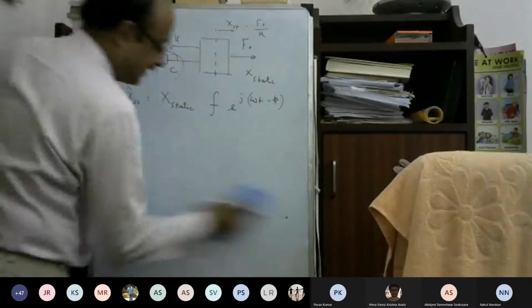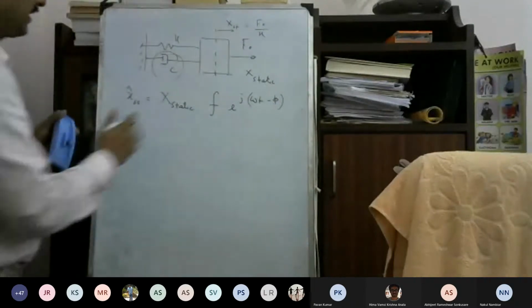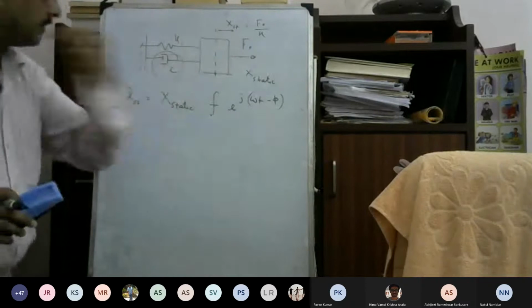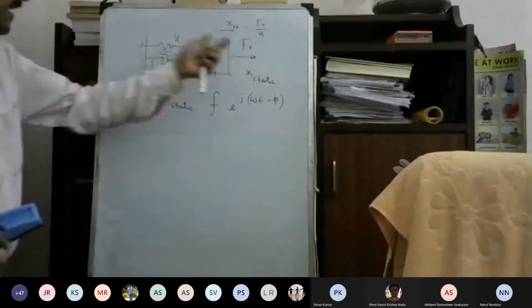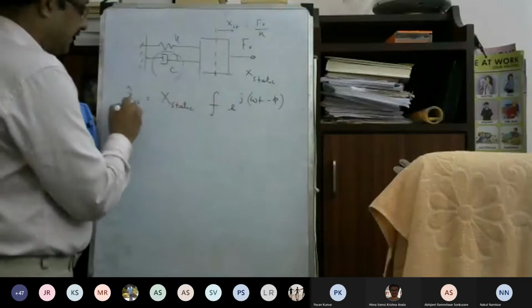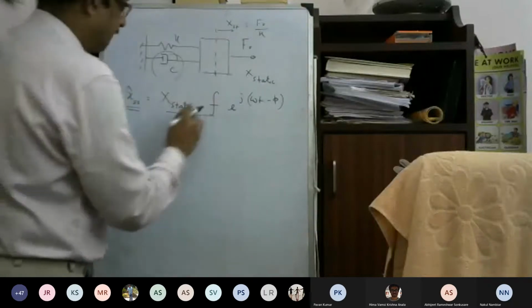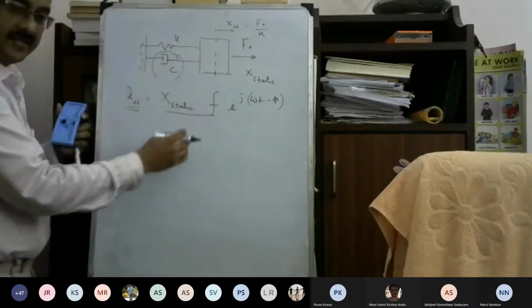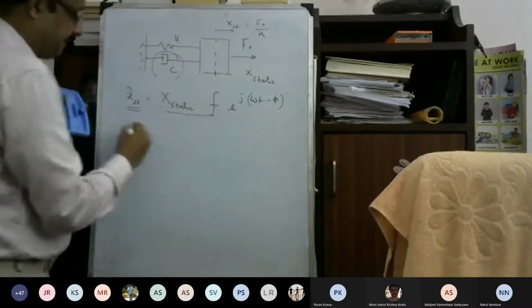So this factor is kind of a magnification factor. Because of the existence of a frequency in the forcing, the steady state amplitude, this is the amplitude part of the steady state response, is actually magnified with a magnification factor F.